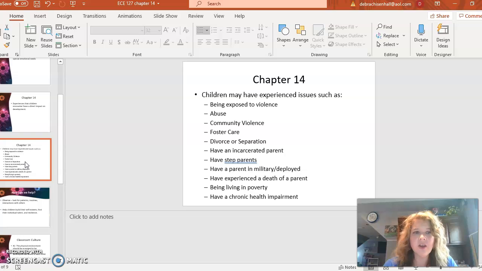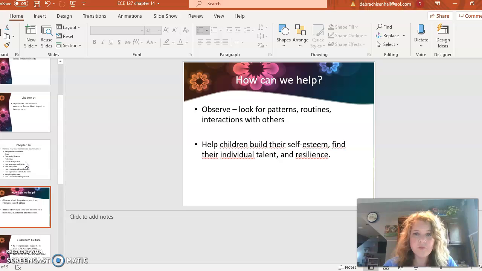So these are all pertinent issues that children may be dealing with that definitely affect how they act in the classroom. So what can we do to help? First of all, observe them. Look for patterns and routines. Observe them to see what they do really well, and then what gives them problems that they may struggle with.